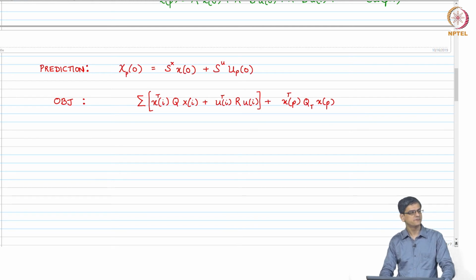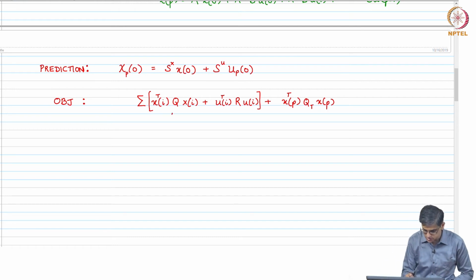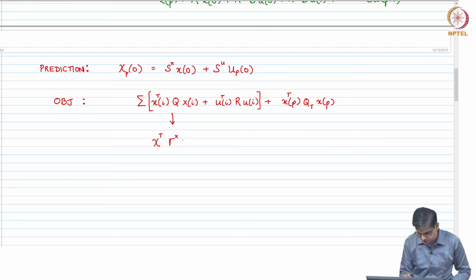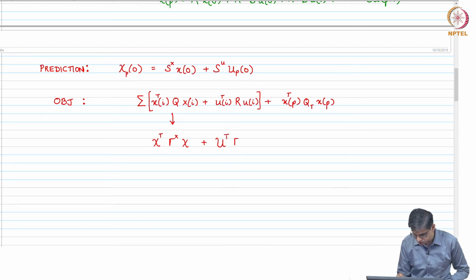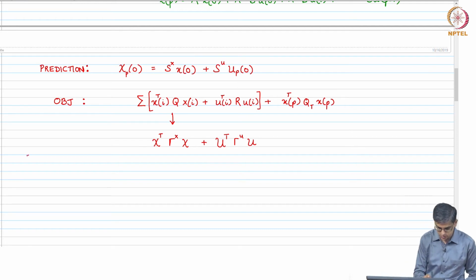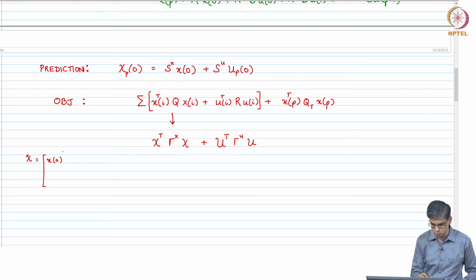Okay. Same fundas that we used in the MPC part. This can be written as X transpose gamma x X plus U transpose gamma u U. Why? Because your x was, let us say p was 2, x0, x1, x2.